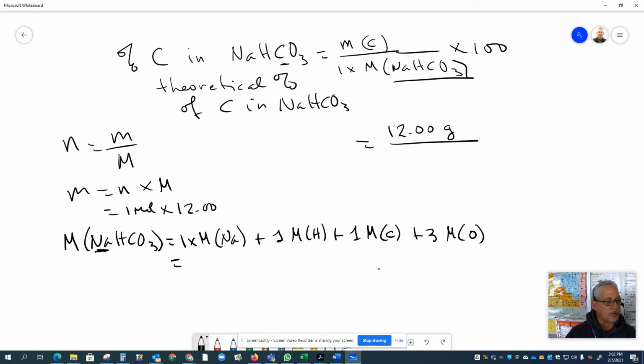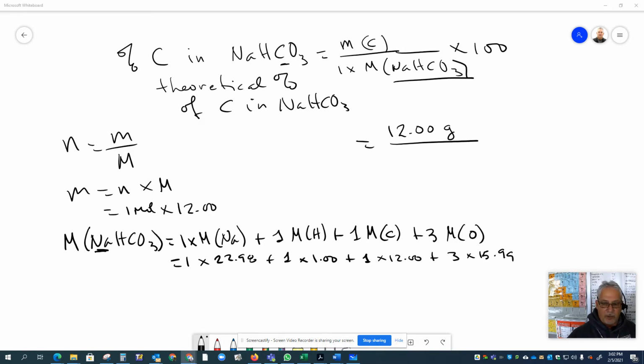So if I go to the periodic table, let me check my periodic table. The atomic mass of sodium is 22.98. The atomic mass of hydrogen will be 1.00. The atomic mass of carbon, we already used that, 12.00. And the atomic mass of oxygen will be 3 times 15.99. So solving for that, I will get the following value.